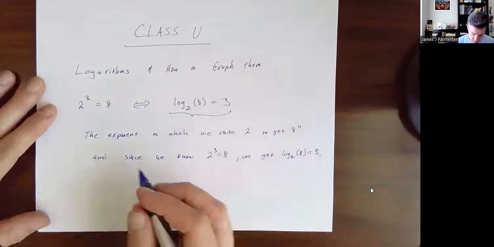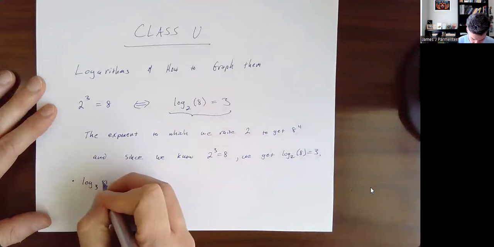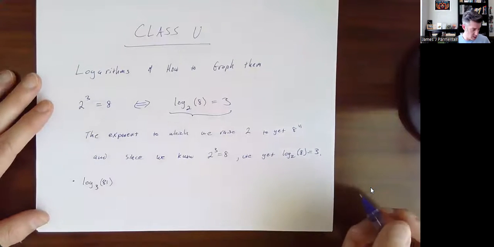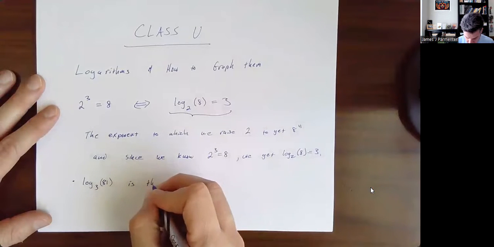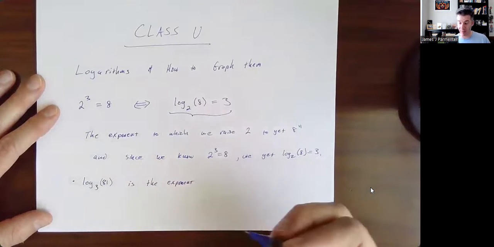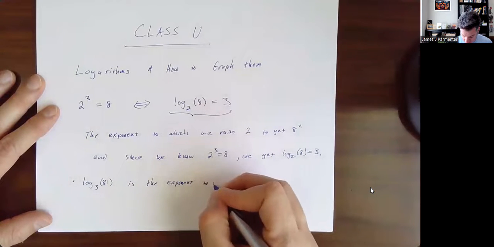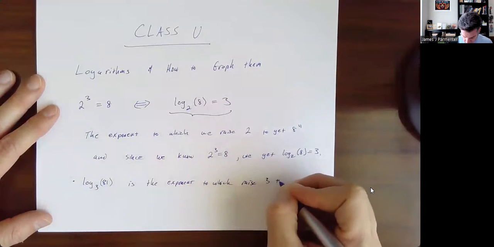For example, what about log base 3 of 81? Well, we know that log base 3 of 81 is an exponent. You don't have to write these words out, but I'm going to write them. It's the exponent to which we raise 3 to get 81.